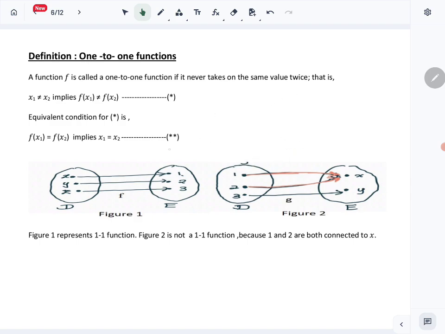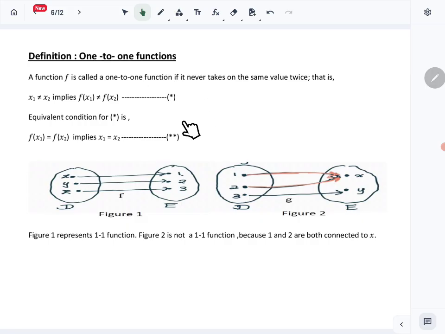That is, if x1 is not equal to x2, that implies what? The function value at x1 can't be equal to the function value at x2.